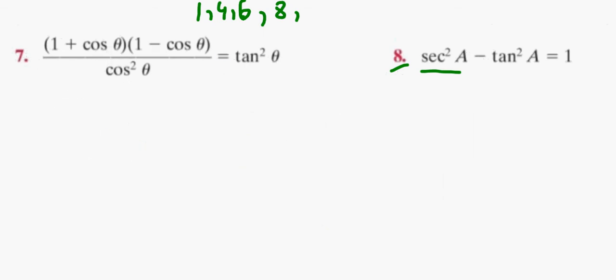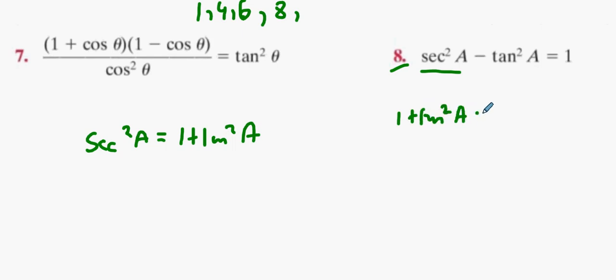Secant squared A equals 1 plus tan squared A. And then I can just say 1 plus tan squared A minus tan squared A equals 1. Cancel, and just get 1 equals 1. 1, 4, 6, 8, handy enough.